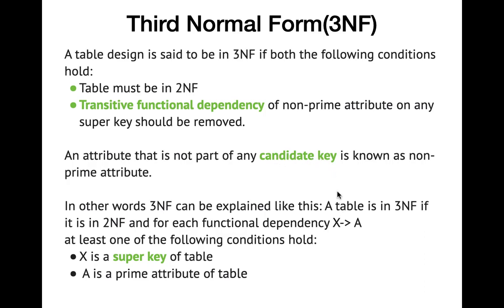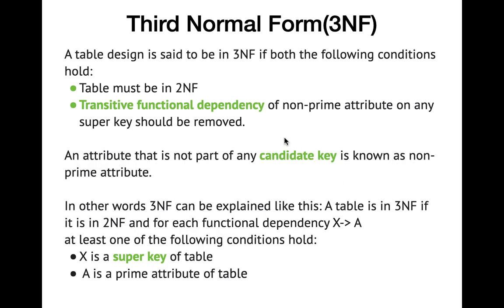We have another definition for 3NF. Consider a dependency X gives A. The dependency does not violate 3NF if either X is the super key, or A is a prime attribute. Even if A turns out to be a prime attribute, that dependency does not violate 3NF.